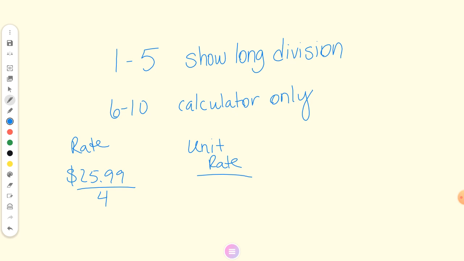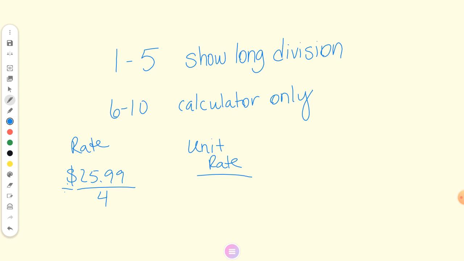You just type in 2, 5, and then a point, and then 99. Basically make it a decimal. So 25.99, and then divided by 4. Everybody type in 25.99 divided by 4.